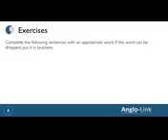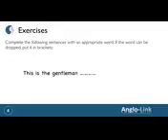Number 4. This is the gentleman, children I teach. This is the gentleman whose children I teach. You cannot drop whose.